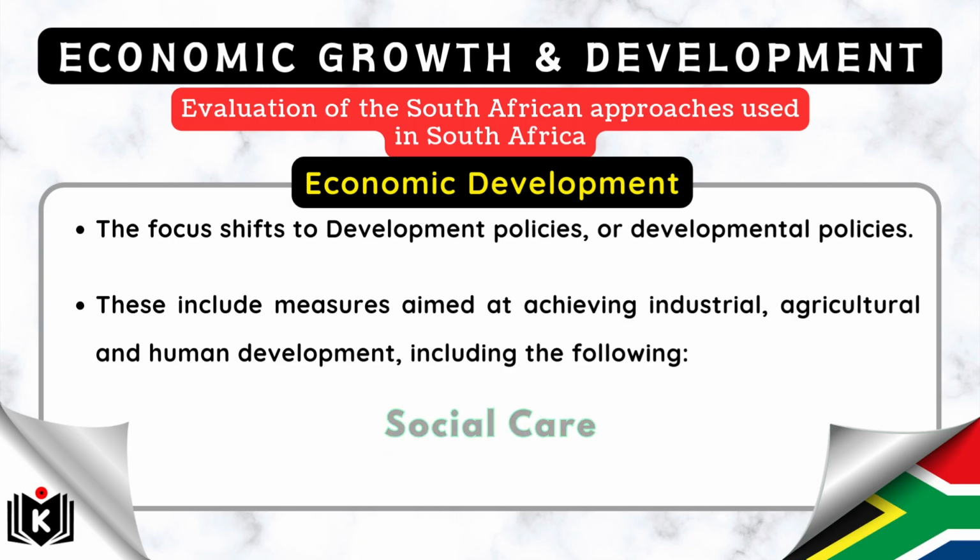Economic development measures also include social care. This involves policies around social welfare and security, as well as poverty alleviation. These are policies aimed at redressing past inequalities, such as policies and regulations around employment equity, Black economic empowerment and broad-based Black economic empowerment, including affirmative action, as well as land redistribution and restitution.